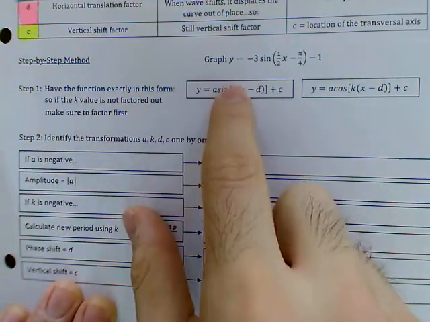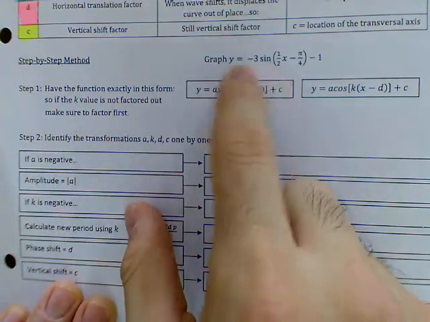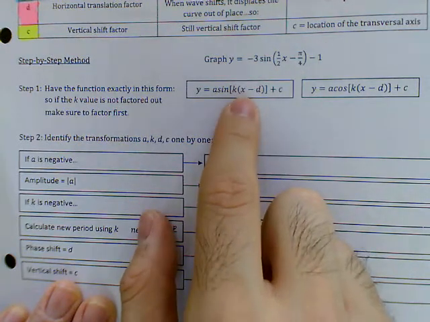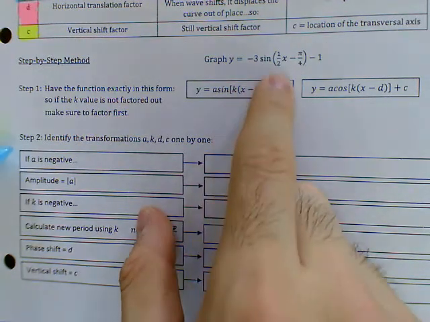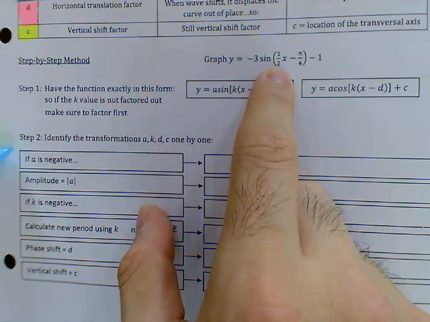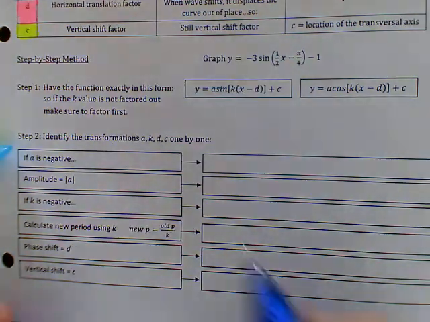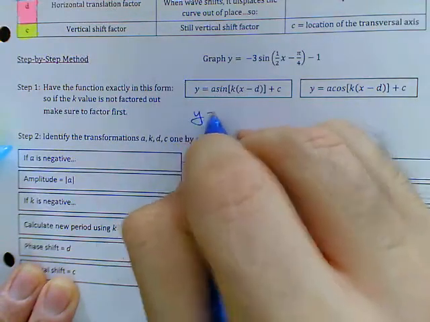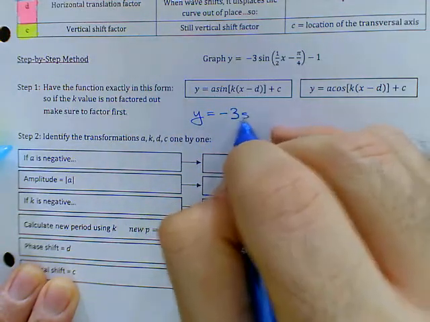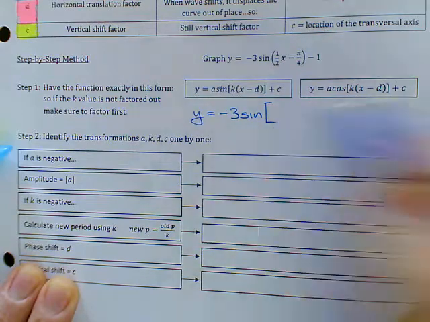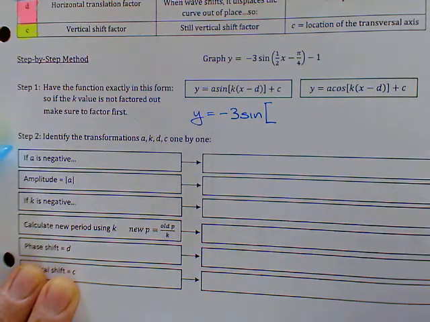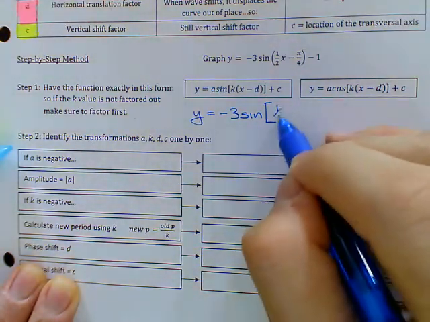Step 1, you need to make this curve or this equation look exactly like this format, which means we need to factor out that K value. You need to divide a half out of this entire thing. So Y is now going to equal, factor out the half.